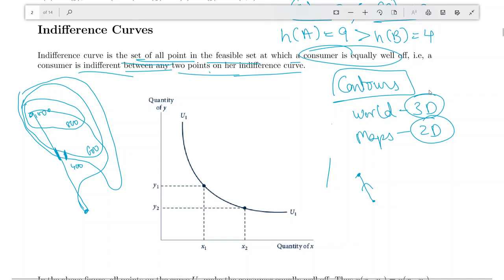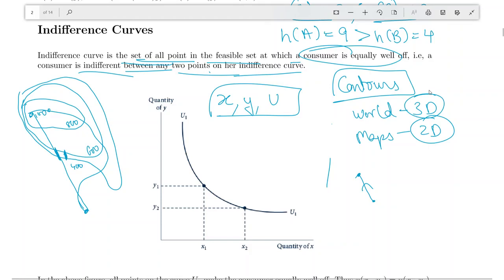Now, the same problem exists in utility functions. You have three things you are discussing: the amount of good x, the amount of good y, and the utility level at any bundle x and y. Ideally, if you want to look at what utility is at different points, you would look at a three-dimensional function, x and y, with utility on the z-axis.